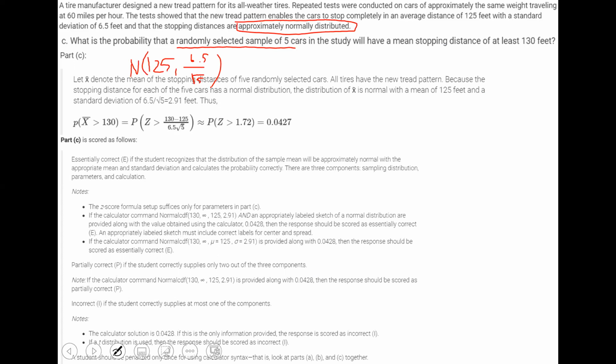And I define what X is. You don't have to write X bar, you can write X, but since it did X bar, we're just going to use X bar. So X bar is at least 130 feet, okay? And I think the reason they didn't do equal to it is that, do you remember, in normal distribution, you don't do that specific point because it's 0.